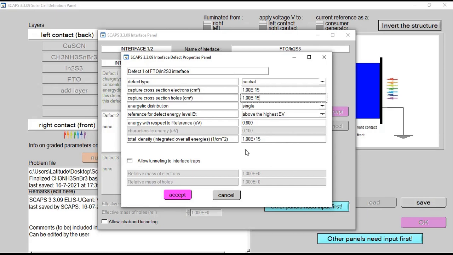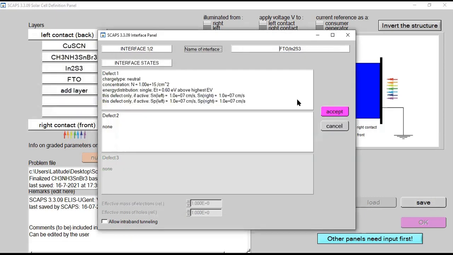For that interfacing layer data, you need to keep the same pattern, and you can vary your total defect density. It can be 14, 15, 16, 17. But I assure you that if you keep the interfacing defect density higher, the performance of the device will be extremely degraded. And then you need to click over here.